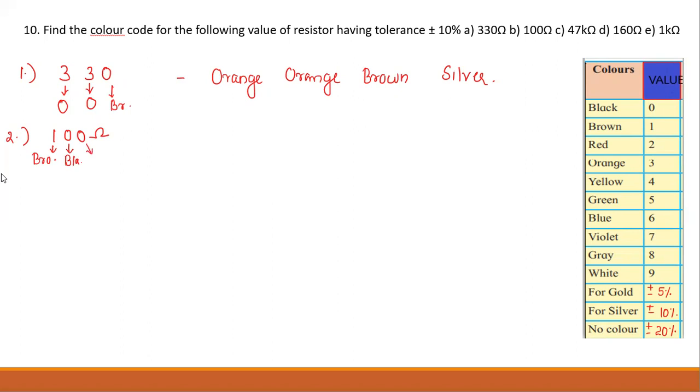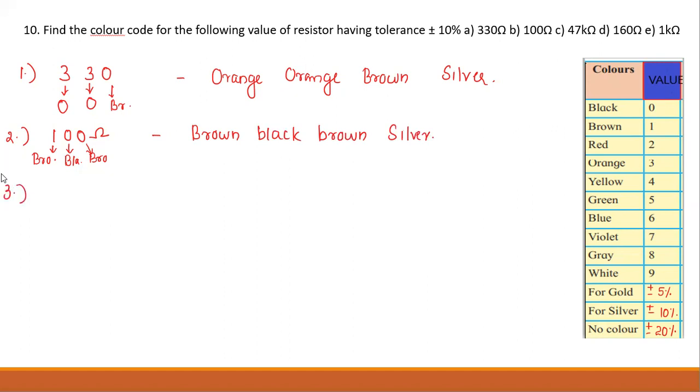That is 10 raised to 1. That is brown. And tolerance is 10%. So this we can write as brown, black, brown, silver. This is the color code.